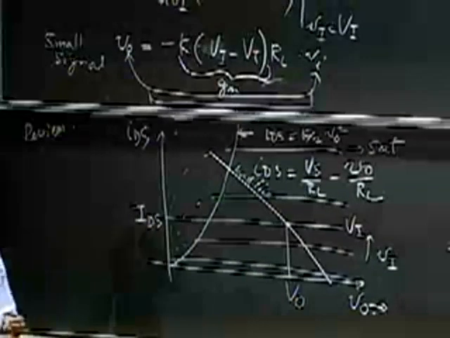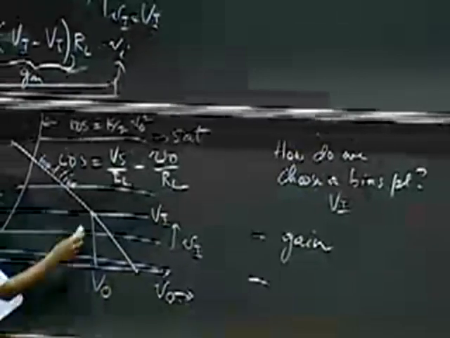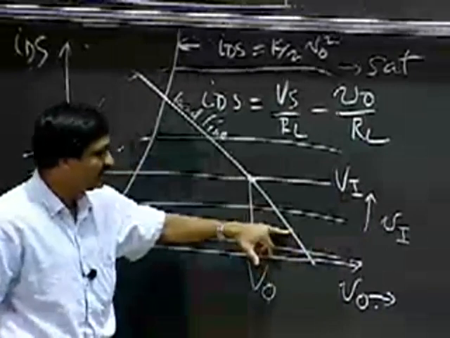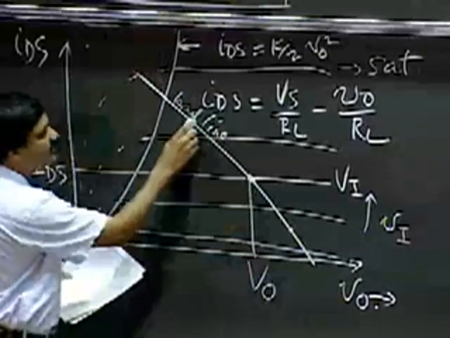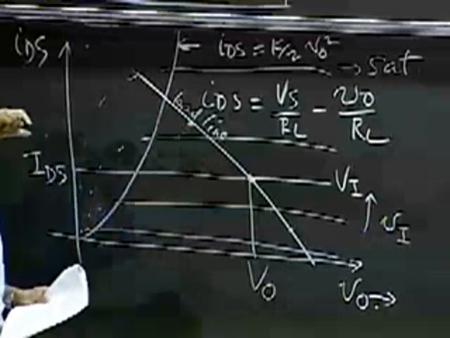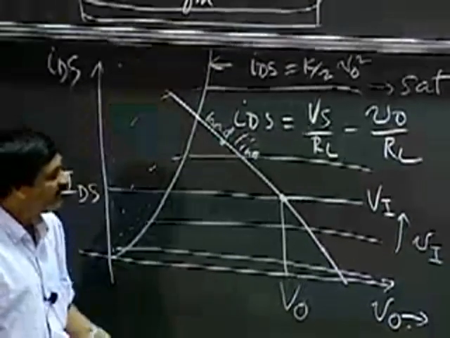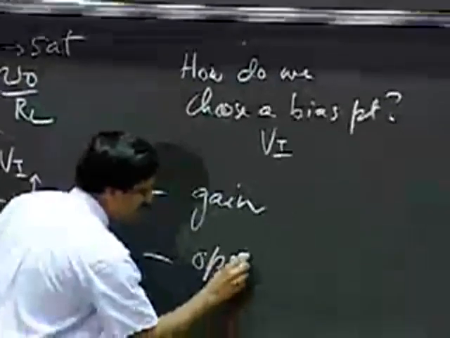If I choose a bias point that is a small VI, then my gain is going to be smaller. If I choose a bias point at a much higher value of VI, I get a bigger gain. The second important consideration is operating range.